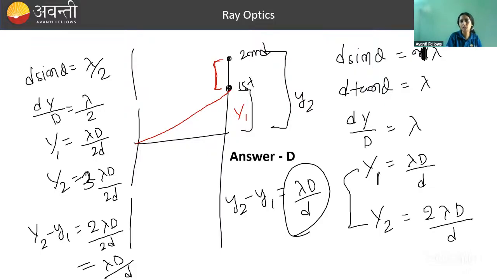So the fringe separation, the distance between two maxima or two minima, will be lambda D by d.